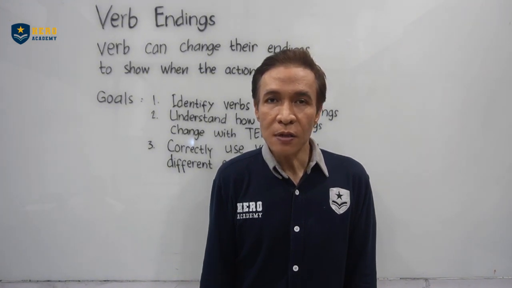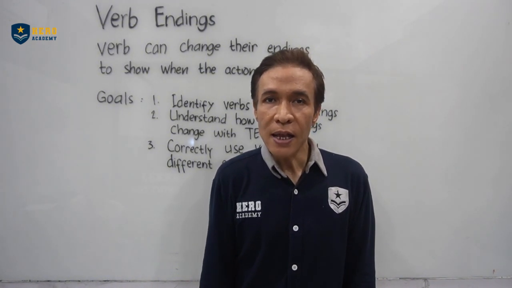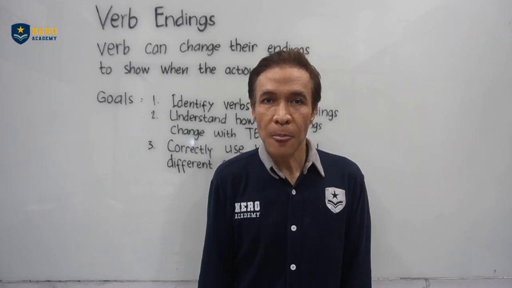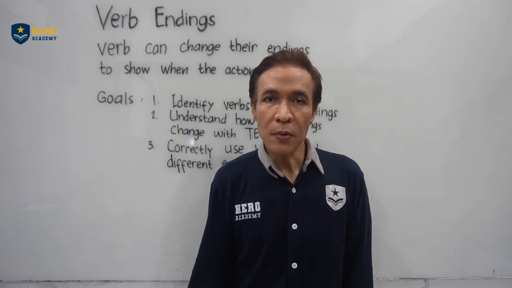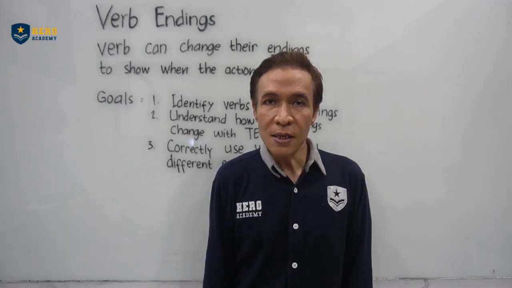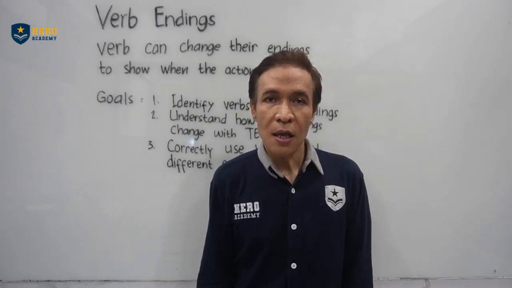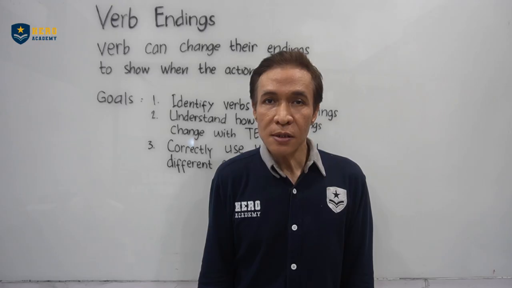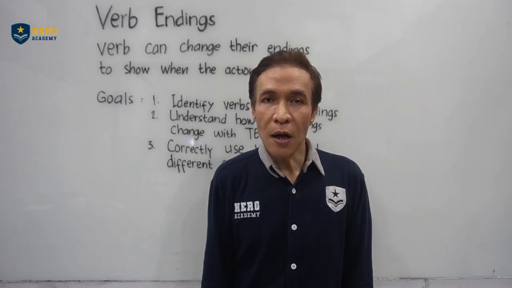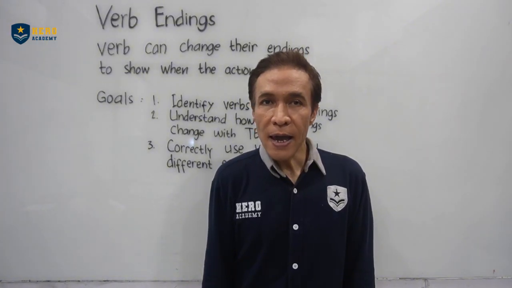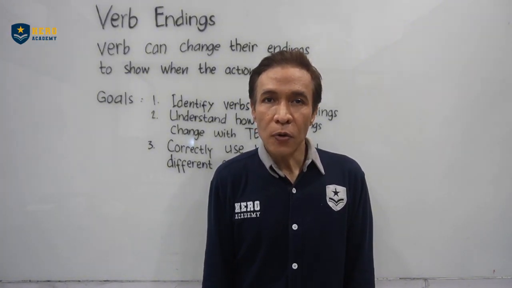We use simple present for an action that happens again and again. And remember, for the subject he, she, and it, the verb endings are usually with s or es for the subjects that I mentioned before.